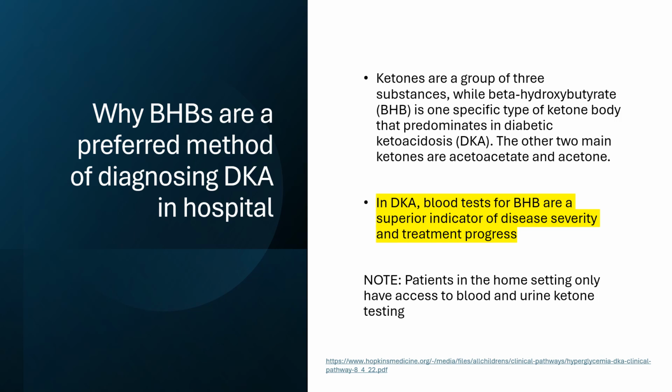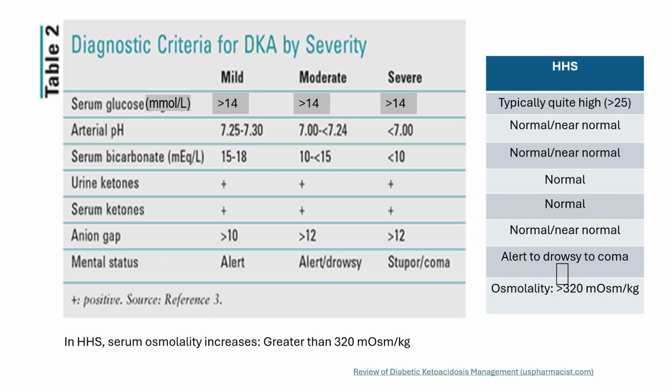But on the previous slide, we showed that anything over 3 is starting to get into diagnostic of DKA. And when we get over 5.9, then we're looking at severe DKA. And people will come in sometimes with beta-hydroxybutyrates of 12, which is very high, and we definitely want to treat.